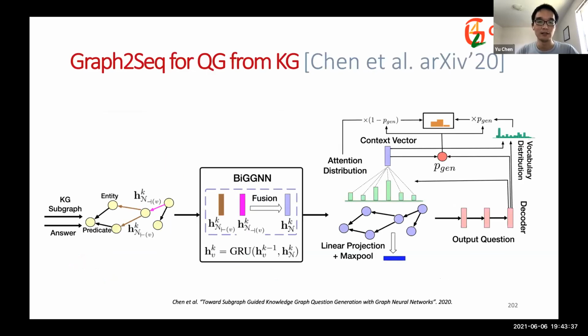So this paper applied a kind of similar idea to this QG from KG task, where they applied a GNN-based graph encoder to encode the KG subgraph and applied an LSTM-based sequential decoder to generate the natural language question.